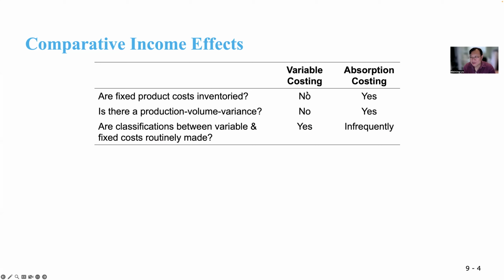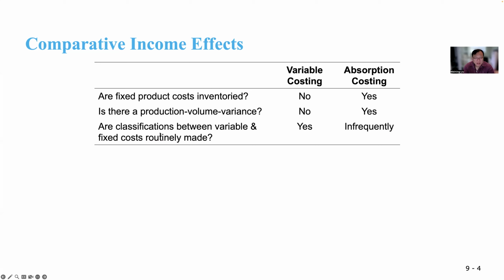They are fixed cost, period cost. Later on, we're going to introduce the production volume variance, okay? So this is only applicable to absorption costing, not to variable costing, okay?